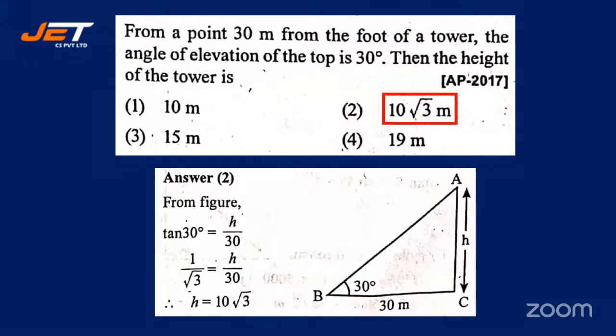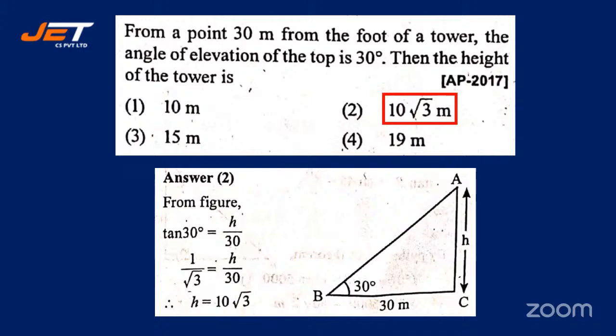You can see here the height is the one that we need to find out. And the adjacent side is 30 meters. That is already given because the foot is always the adjacent side. The angle opposite to the opposite side is 30 degrees. So opposite side by adjacent side, that is h by 30, is tan 30. What is tan 30?